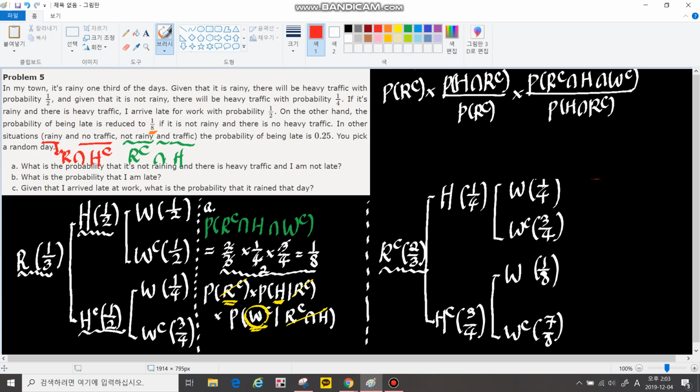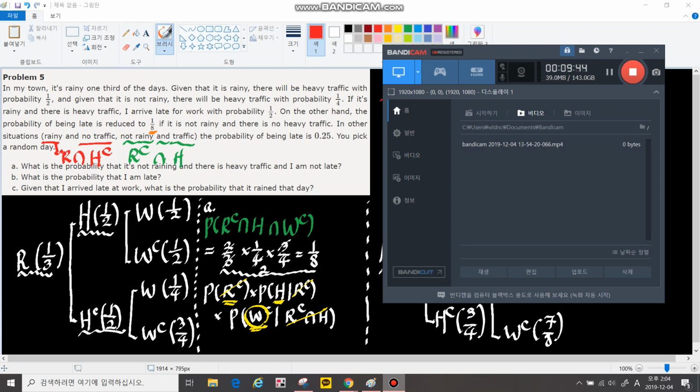So what is left is just this part. Okay, so it is the chain rule in the conditional probability. Okay, so all right, I think I need to come back in the next video.